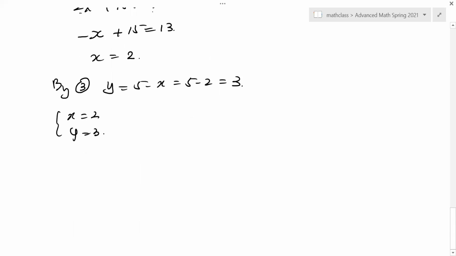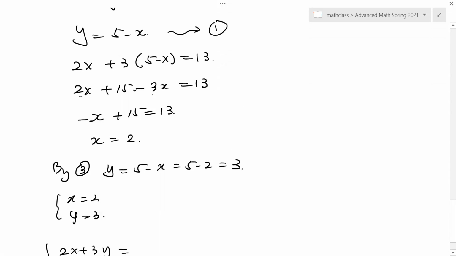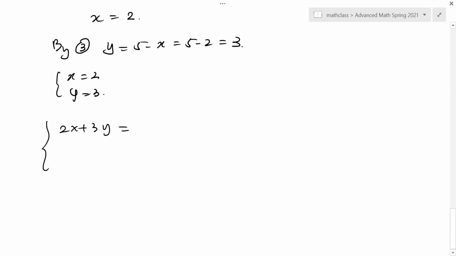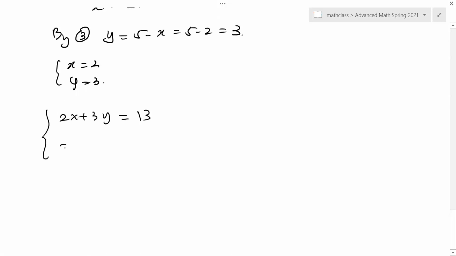I can try another way to do it. Okay, so let's do it. 2x plus 3y equals 13, and 3x plus 2y equals 12. That's equation 1, equation 2.